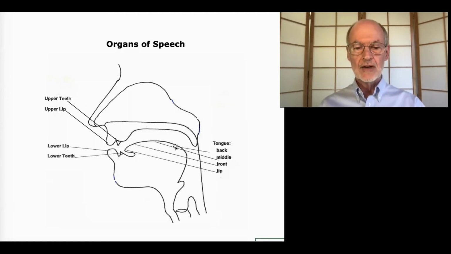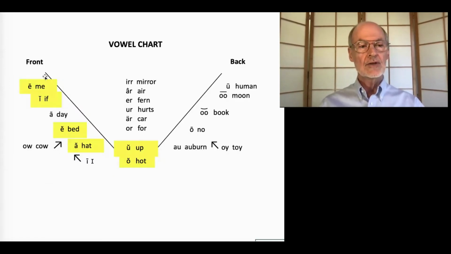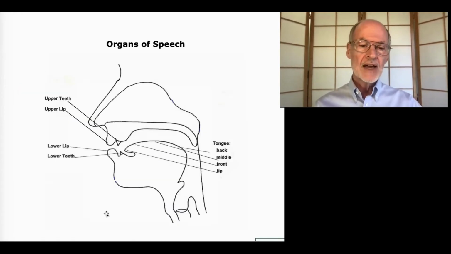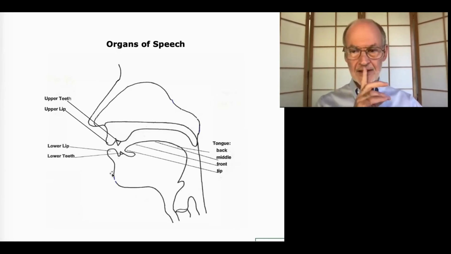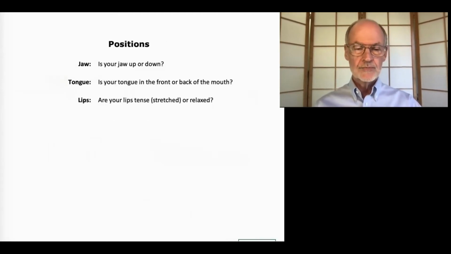The tongue itself can move forward or back, and that's here. If the tongue is towards the front of the mouth, it's over here, and if it's towards the back, we're not going to look at those today, but if it's in the middle, it's in the middle of the chart. And then finally, the lips get involved, and not in the cutaway version, but in the corners of the mouth.